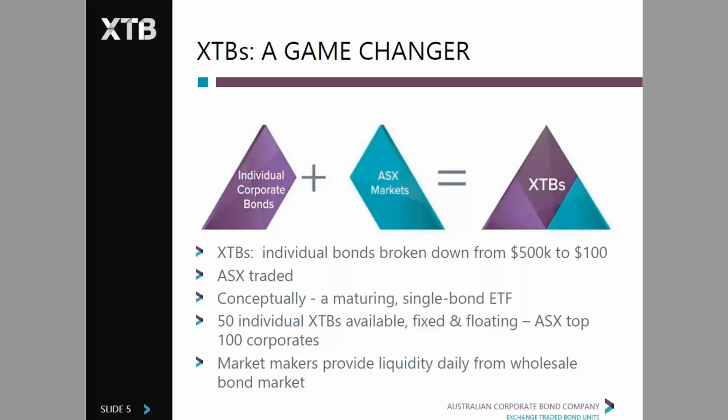Like all ASX traded securities that are ETPs or ETFs, or those fund-like products or structured products, there are market makers that provide liquidity. They're buying bonds in the wholesale market, putting the bonds into the listed trust and then providing XTB liquidity on the screen, based on the liquidity that they can source in the wholesale market.